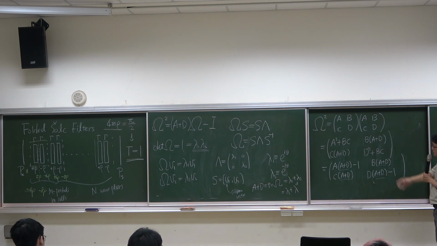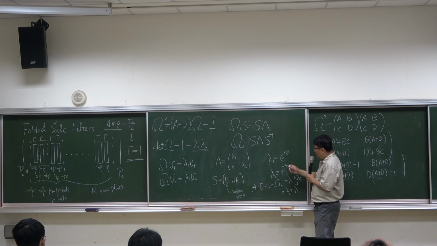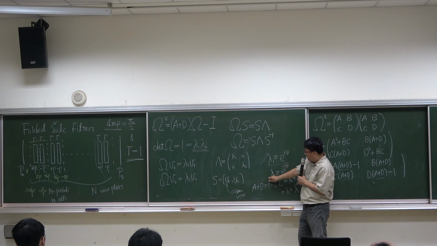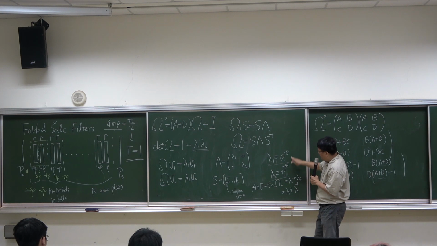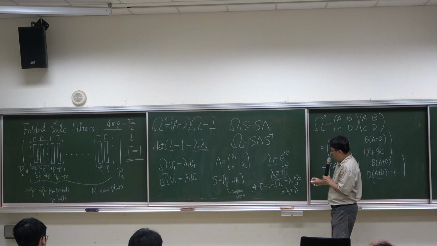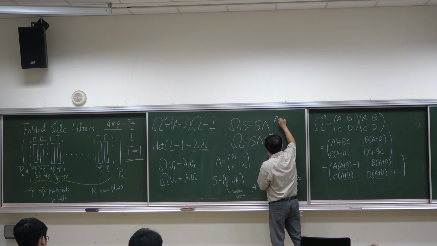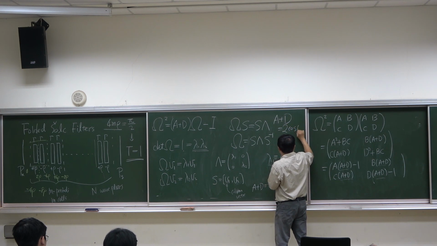The trace is the sum of the diagonal elements. Since we denote lambda 1 as exponential I theta and lambda 2 as exponential minus I theta, the sum of these two terms gives us 2 cosine theta. This gives us A plus D is equal to 2 cosine theta.